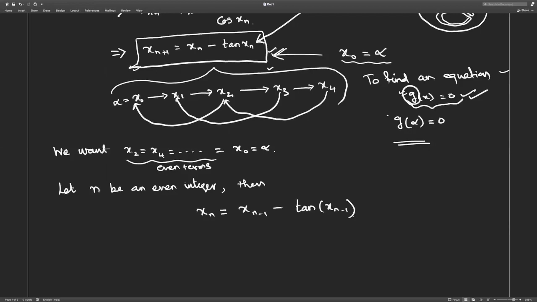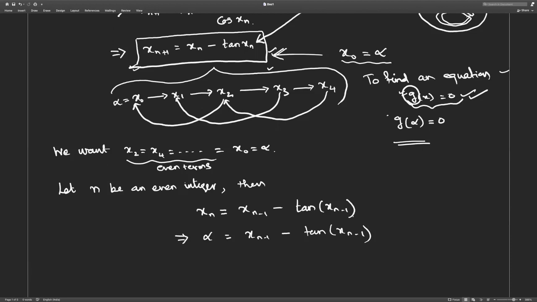Remember, xn is equal to alpha. That is what is given to us here. Since n is even, that implies that alpha is equal to xn minus 1 minus tan xn minus 1.